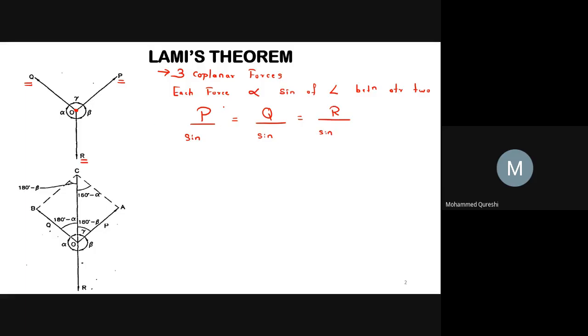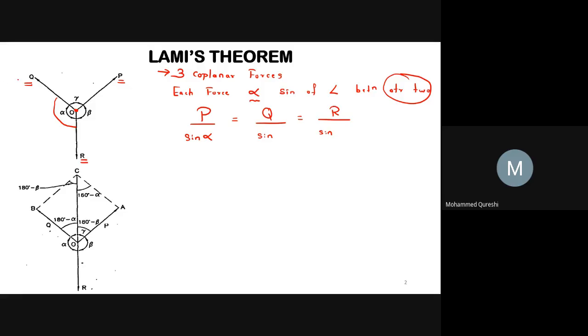It states that each force is proportional to the sine of angle between the other two. Suppose here we have P force in the first case, so P upon the sine of angle between the other two, meaning the opposite direction. So here P upon sine alpha.